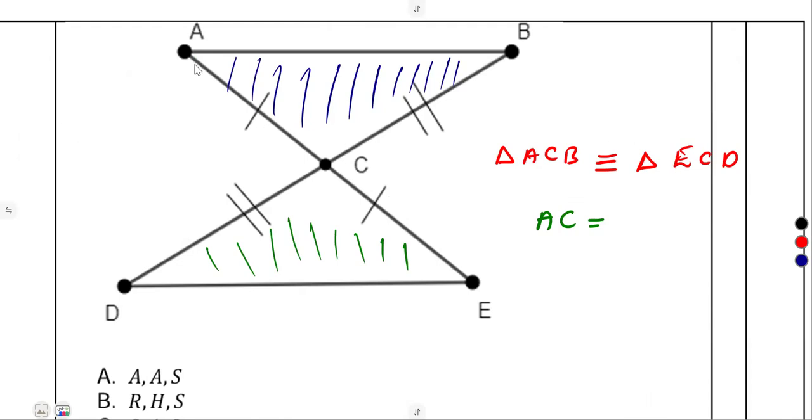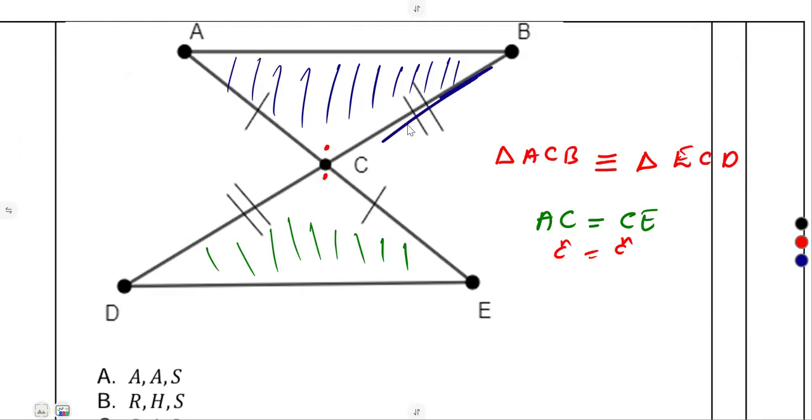All right, we have A to C, and there we have a side which is CE, exactly the same. And we also have the corresponding angle at C and this angle at C. They're exactly the same in both triangles.